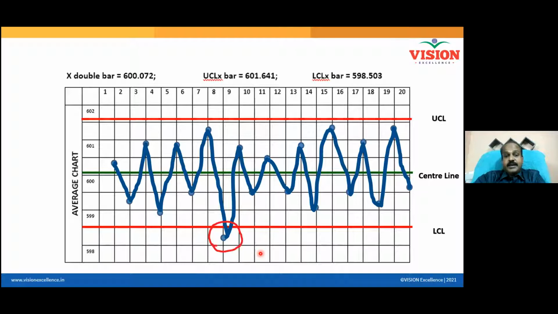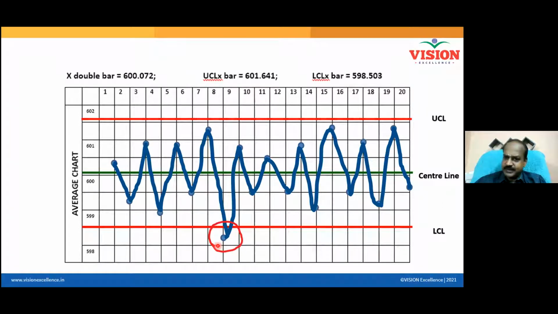Because this point represents the entire lot you produced on day 2, shift number 4. Am I correct? On day 2, shift number 4, you have taken only one subgroup sample. But that one subgroup sample is the representative of everything you produced on day 2, shift number 4.